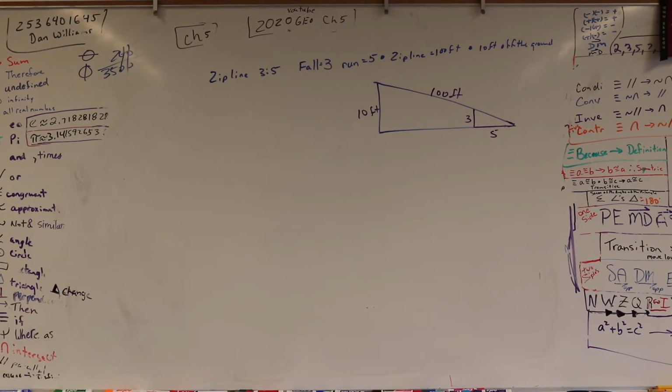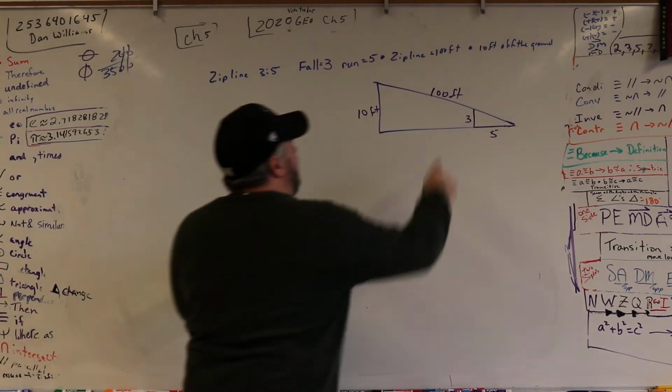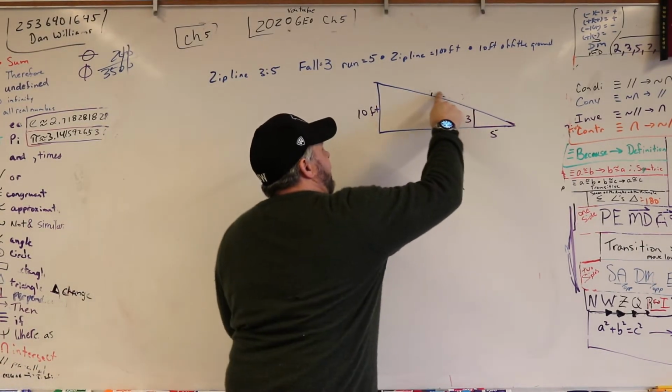Give a linear equation for the zip line. And I think what they meant by the 100 feet to the end of the zip line was not that it's 100 feet long, because that would be the hypotenuse.